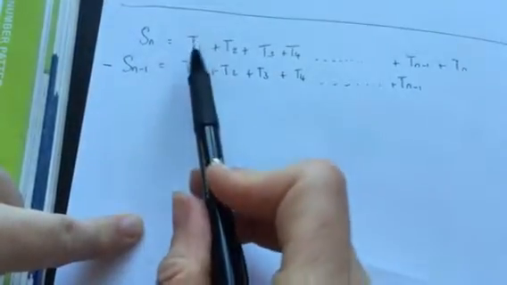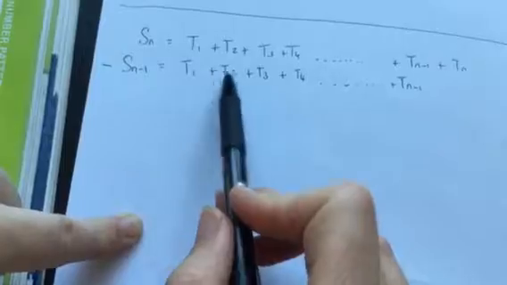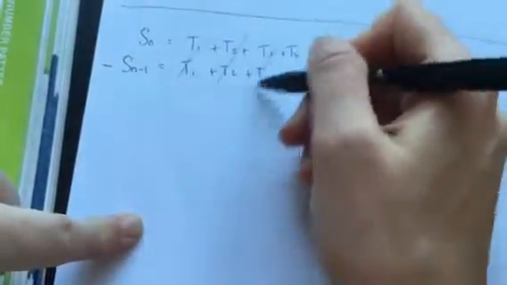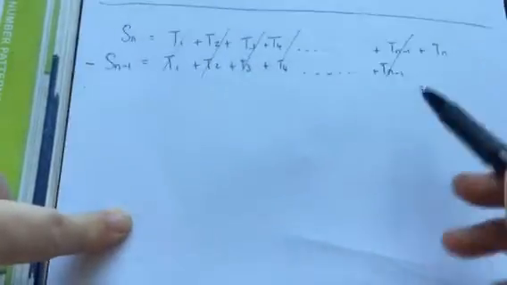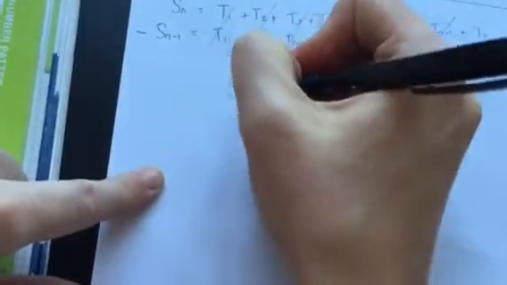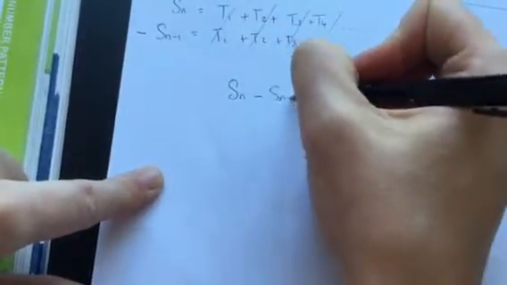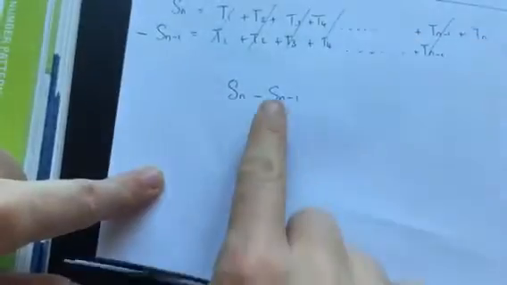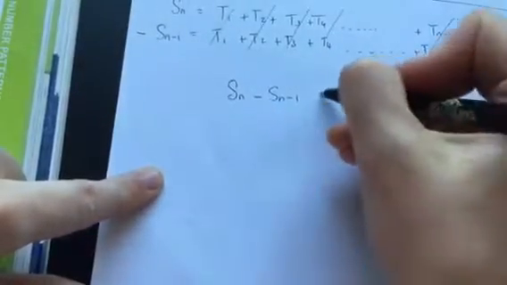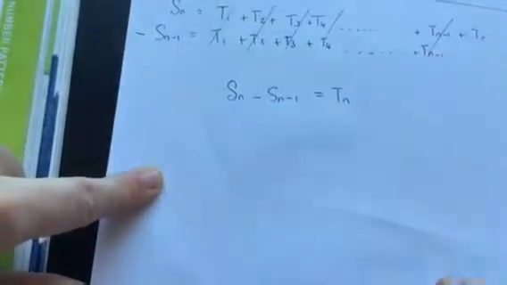If you were to subtract those, so T1 minus T1, T2 minus T2, T3 minus T3, and so on, they would all cancel off and you would be left with just Tn. So if they ever give you the Sn formula, you are capable of finding S(n minus 1). And if you subtract them, you will always get the formula for Tn.